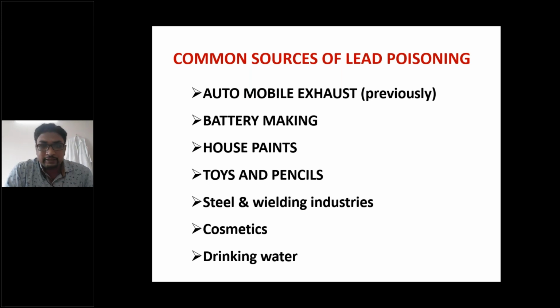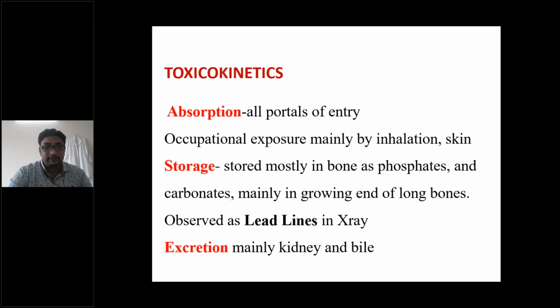Toys and pencils can also have lead. Some children will eat the lead inside black color. And then steel and building industries, cosmetics, and drinking water also contain lead. These are some of the sources by which poisoning occurs in humans.